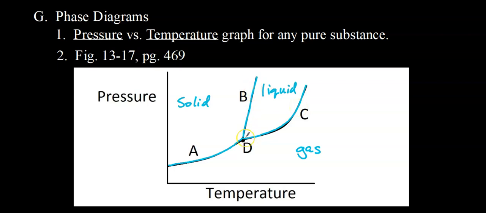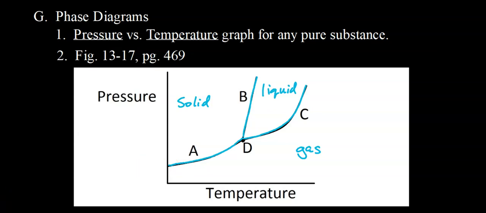This here, line B, is the line showing all the different melting points for the substance. So melting point, like boiling point, changes with pressure. And then line A, we have solid and gas. So these are the different pressures at which a substance sublimes. Different pressures which correspond to different temperatures.